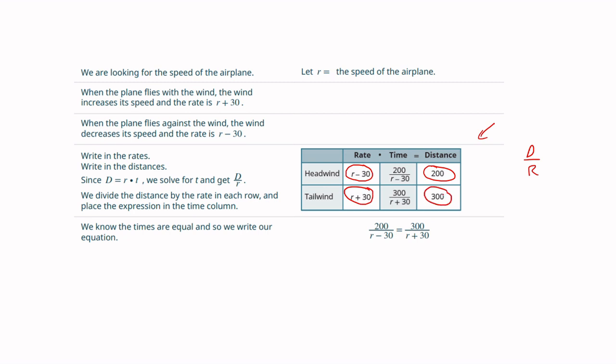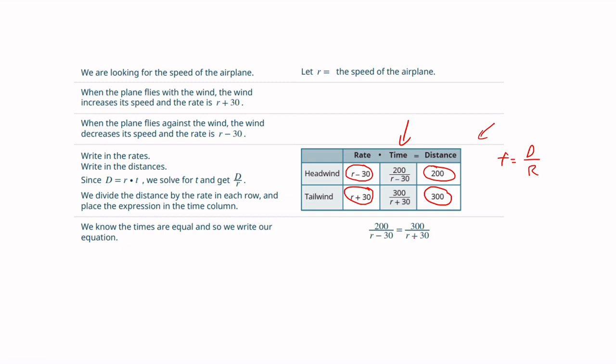We're going to set up this table each time, with our rates and our distances. What does time have to be? The time is the distance over the rate. Why do we need this? Because the only way to set up an equation relies on this time column. We have to have it in order to make an equation so we can solve it.